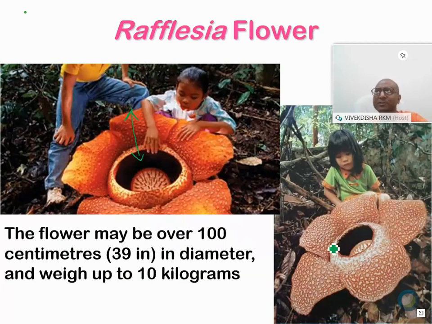So the Rafflesia flower, the biggest flower, so to say, and the mode of nutrition in this plant is parasitic. In questions it is coming: identify the following plants which are parasitic in nature.